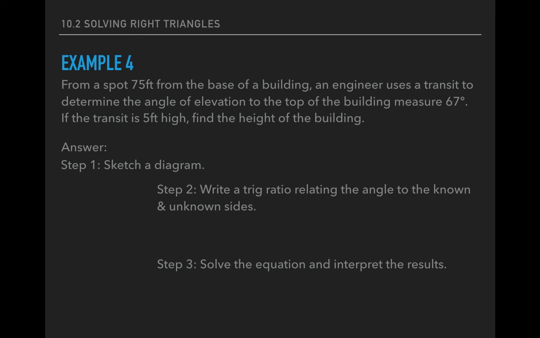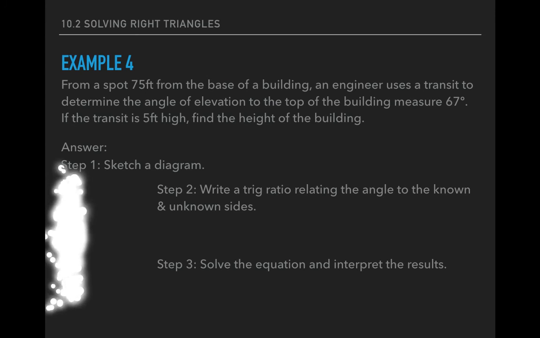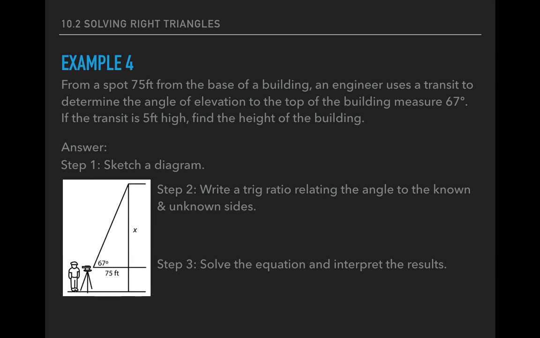We're going to sketch a diagram here. And here is my lovely diagram. So there is the person with the transit. Kind of looks like a telescope, but it's not looking at the stars. It is 5 feet off the ground. That's why it's elevated off the ground. And you'll see that there is a horizontal, that would be with no angle.